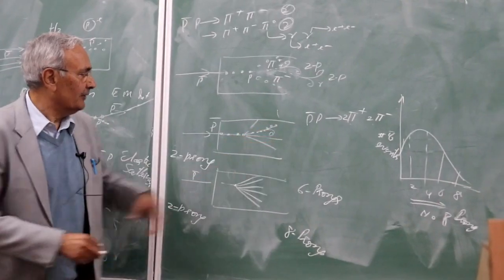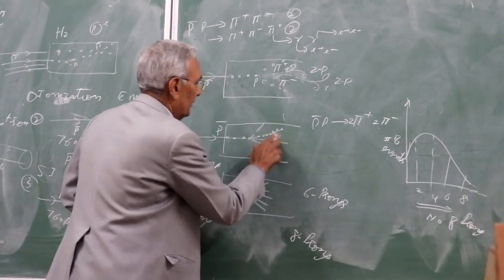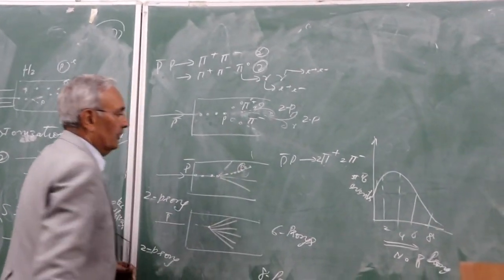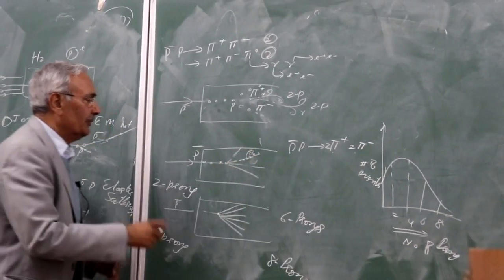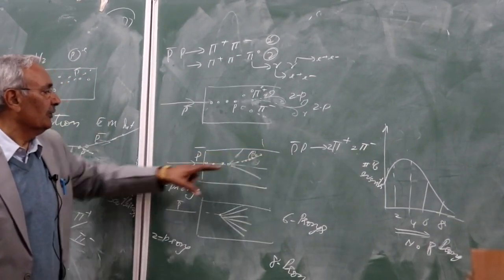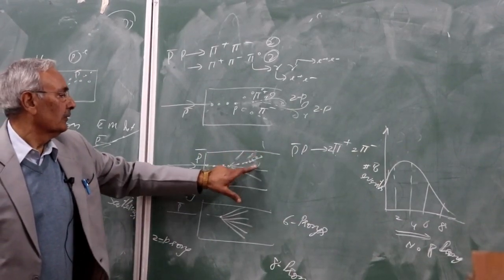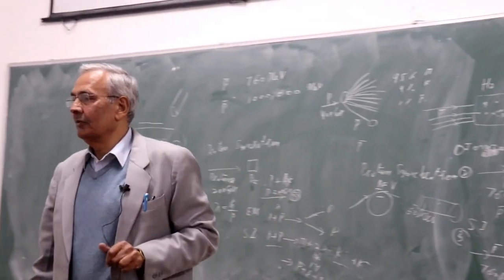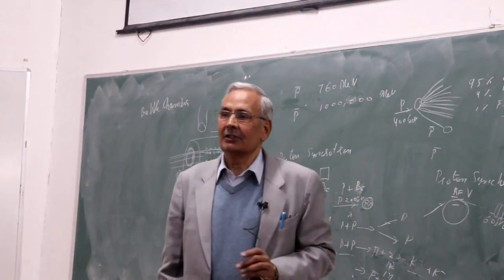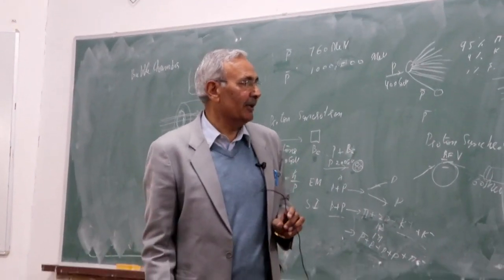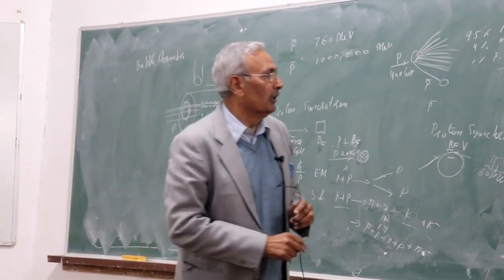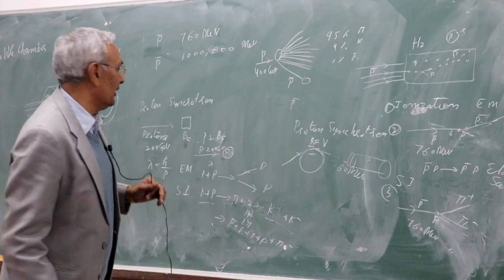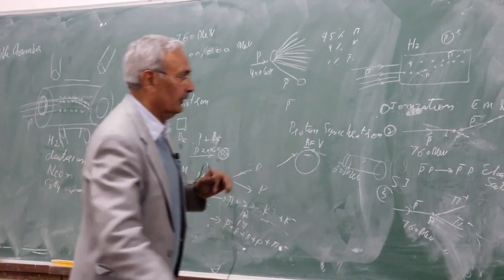If something like this comes like this, okay, that will show that this particle is going from this direction to this direction. Okay, that you can find out once in a while, the direction of the particle, by the direction of the spiral.